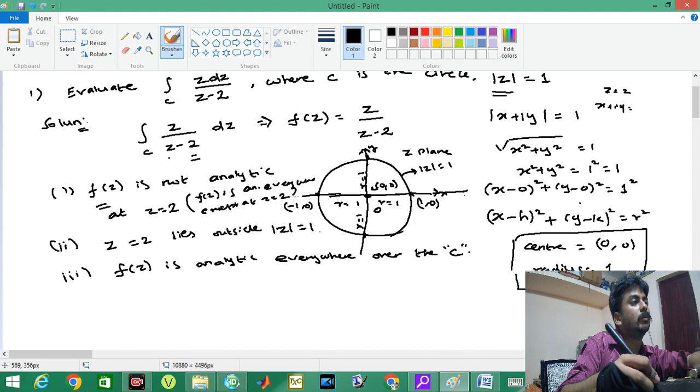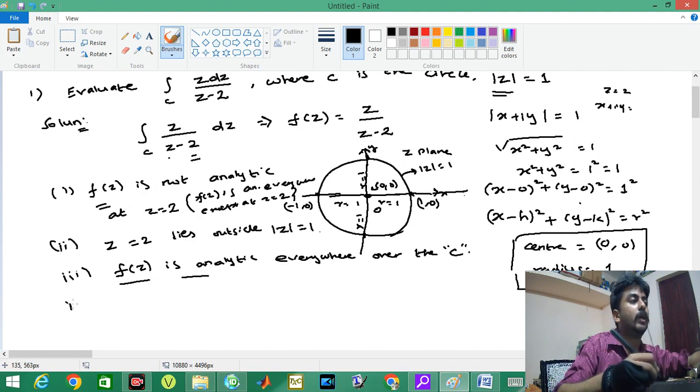This is the same point I am telling in the first point. So by the third point we can tell f of z is analytic for this C. If it is not over the C and if the C is not modulus of z equal to 1, then it is not possible to integrate this.